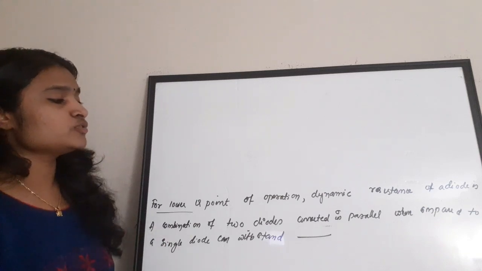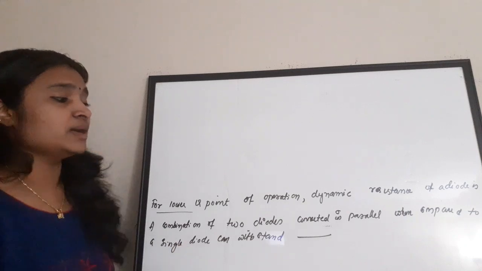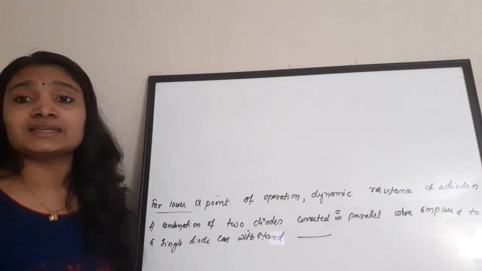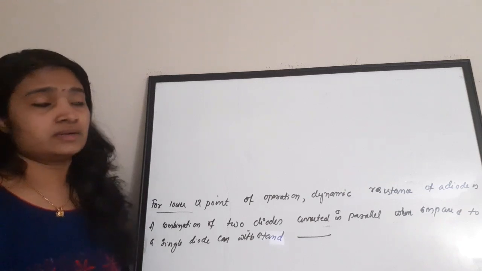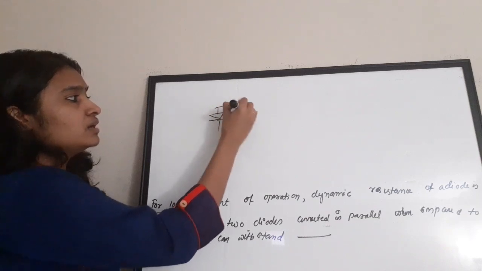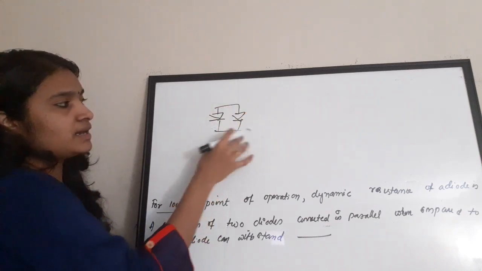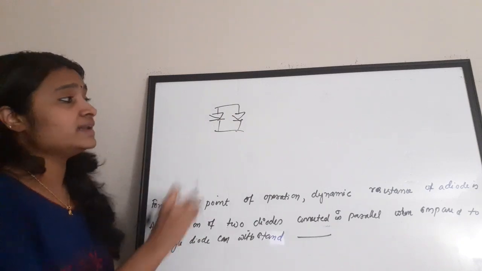A combination of two diodes connected in parallel when compared to a single diode can withstand dash. The answer is it can withstand twice the amount of forward current. Why we connect the diodes in parallel is because when diodes are connected in parallel, they can withstand more current than a single diode.